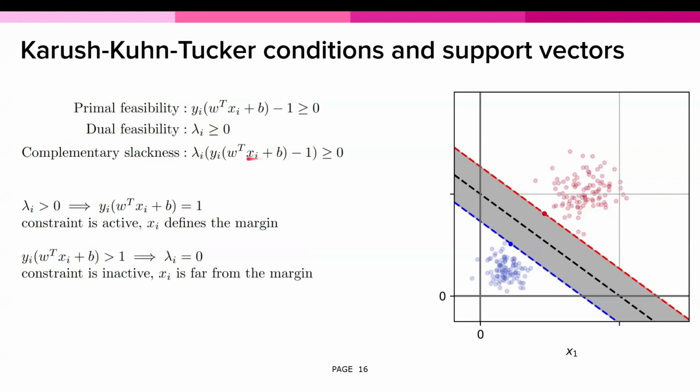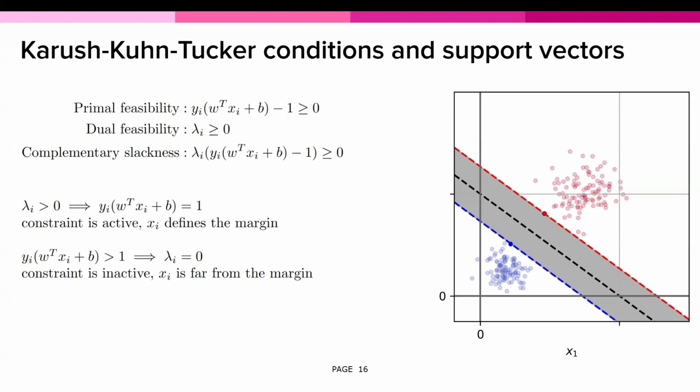Complementary slackness says that for each constraint, either the corresponding Lagrange multiplier is zero or the constraint is active. This has important implications for how our model works, because for each data point, one of two things is going to happen. If the Lagrange multiplier for a point is zero, it's probably correctly classified in such a way that the constraint isn't tight.